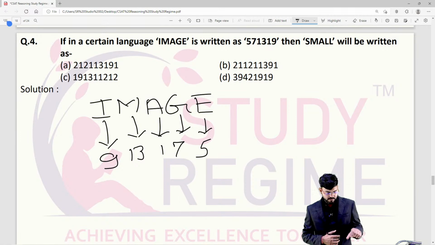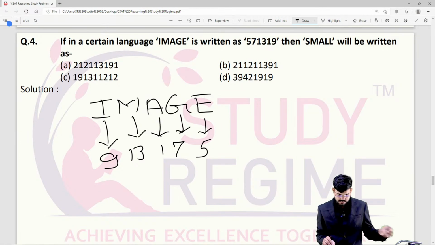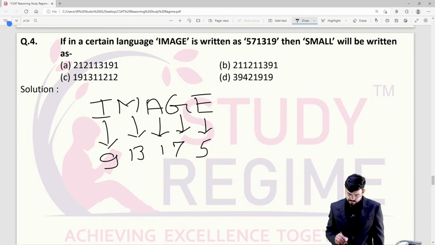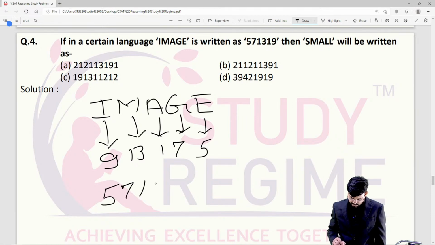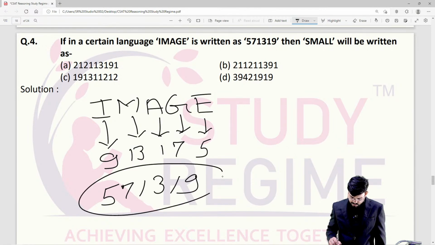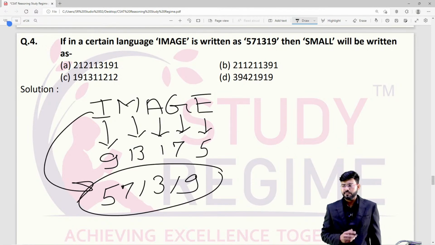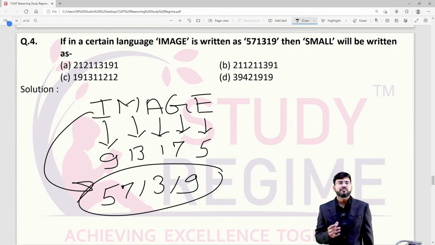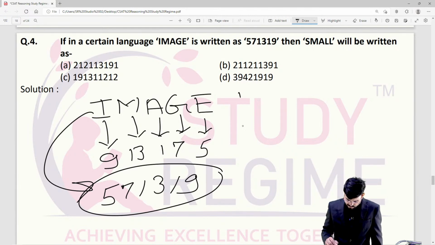But in the question it is given that it is coded somewhat different like this. Now again reverse the order. 5, 7, 1, 13, 1, 9. Now you got the correct coding of the image. Once you have just reversed the order, now you got the correct coding of image. Likewise, you have to code small.